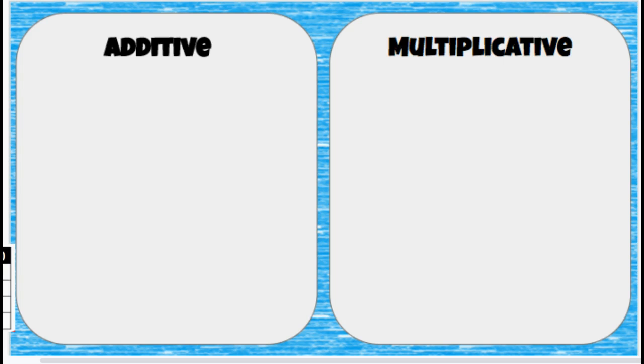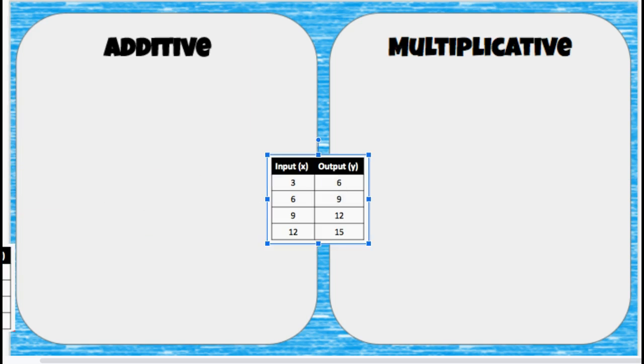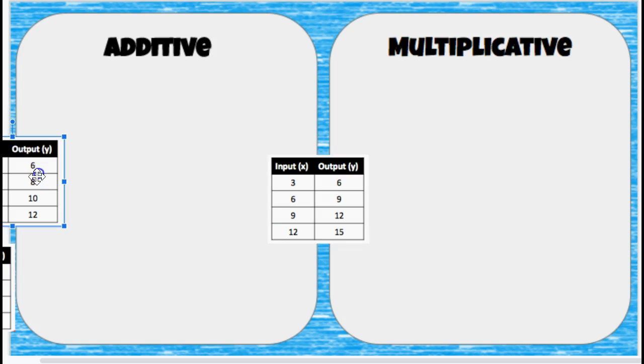Then on this screen, we're going to find the rule. So let's look at this table right here. The tables are to the side. You'll see them. So my number is getting larger. It's going from 3 to 6, 6 to 9, 9 to 12, 12 to 15. So since my number is getting bigger, I know that I either have to add or multiply.